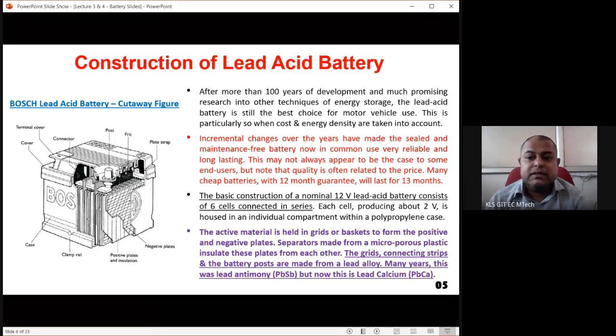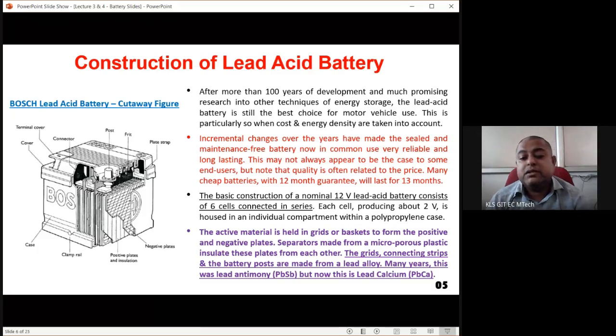So through the liquid they are shorted, but otherwise there is some isolation. The grids, connecting strips and the battery posts are made from a lead alloy. So what is a post? You can check here. This is the post, which is there at the corner of the battery, and we take out connections from it. These connections are actually made from lead alloy.